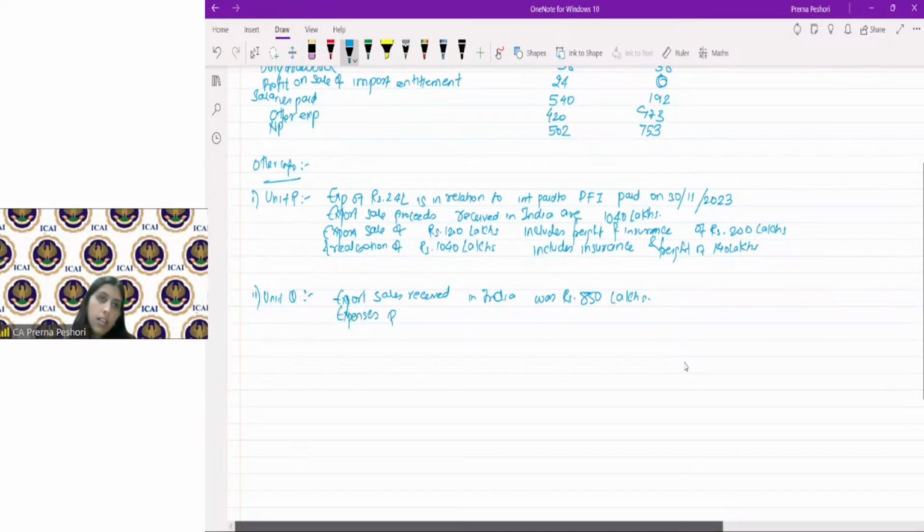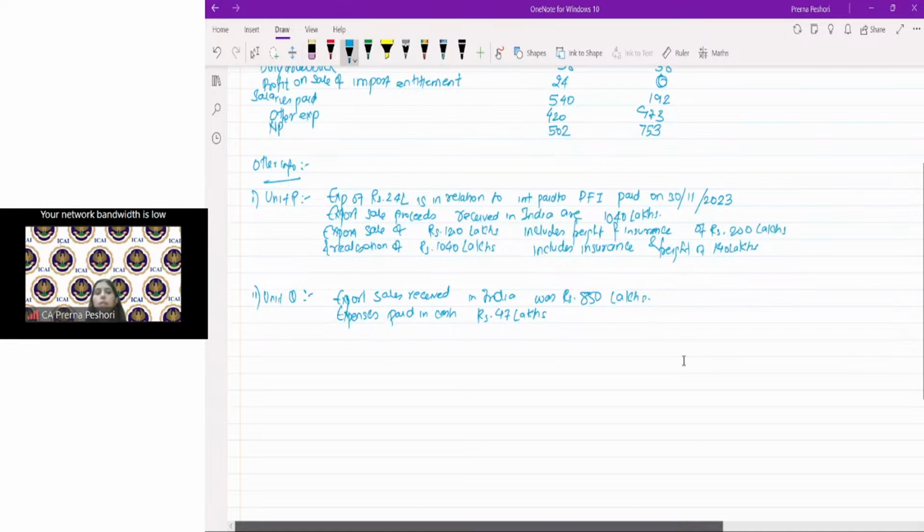Expenses paid in cash, rupees 47 lakhs. Okay. So you are required to compute the income.